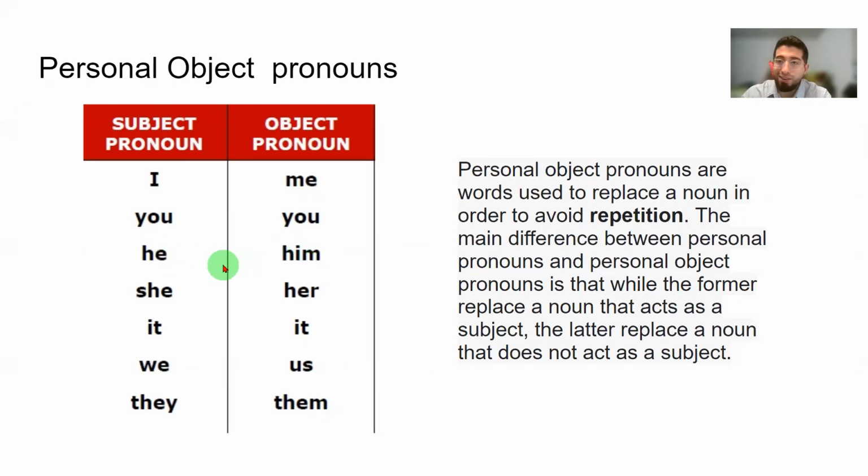Talk to him, háblale a él, o habla con él, talk to her, habla con ella, talk to it, habla con esto, talk to us, habla con nosotros, and talk to them, y habla con ellos, right? So, if you see, si ustedes ven, chicos, these words, estas palabras, receive, they are the object, ellos son los objetos, right? ¿Cómo así los objetos? The ones, los que reciben, they receive the action, reciben la acción, right?